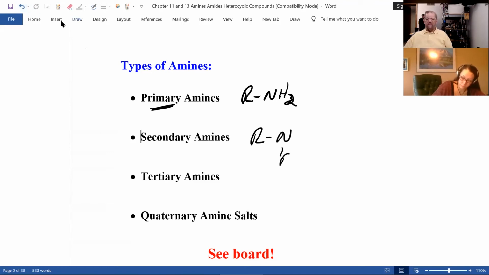If we replace 2 hydrogens, otherwise having 2 R groups, R and R prime on nitrogen, this is a secondary amine. Notice you have 3 hydrogens on nitrogen in ammonia. If I replace all of them, I have a tertiary amine.